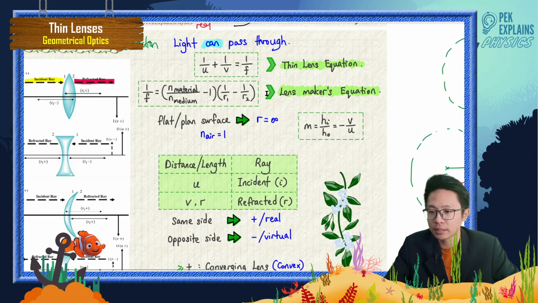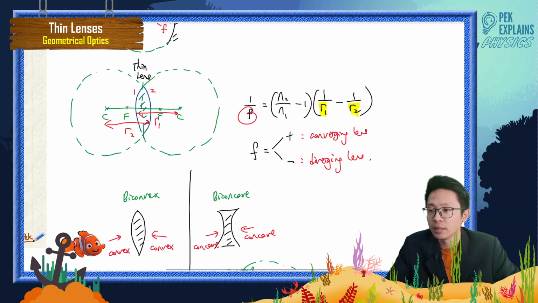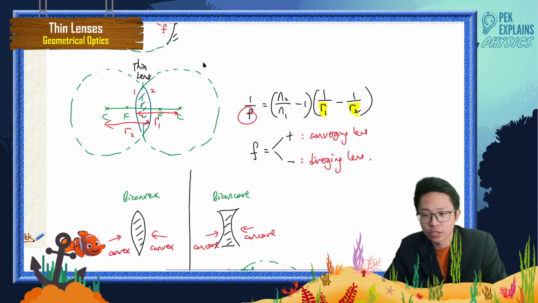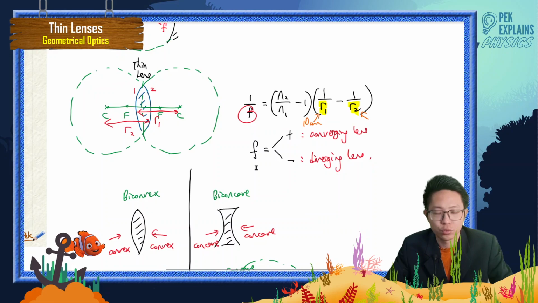that means if you substitute, let's say just now we were talking about the convex meniscus, I give the radius R1 and R2, right? And then I substitute into this equation. R1 just now is 10 cm, and then R2 I put 20 cm.